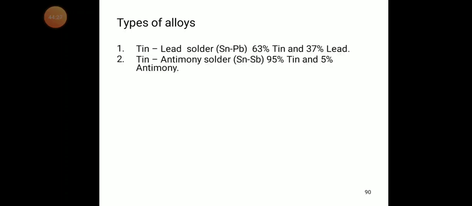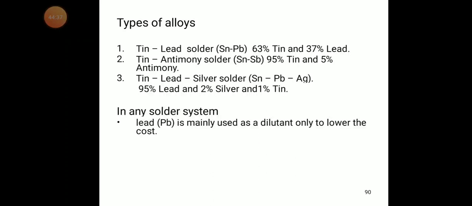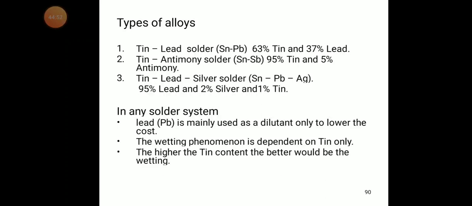The types of alloys are tin lead solder, tin antimony solder, and tin lead silver solder. These are the solders we can use in any solder system. Lead is mainly used as a diluent only to lower the cost. The wetting phenomenon depends on the tin only.